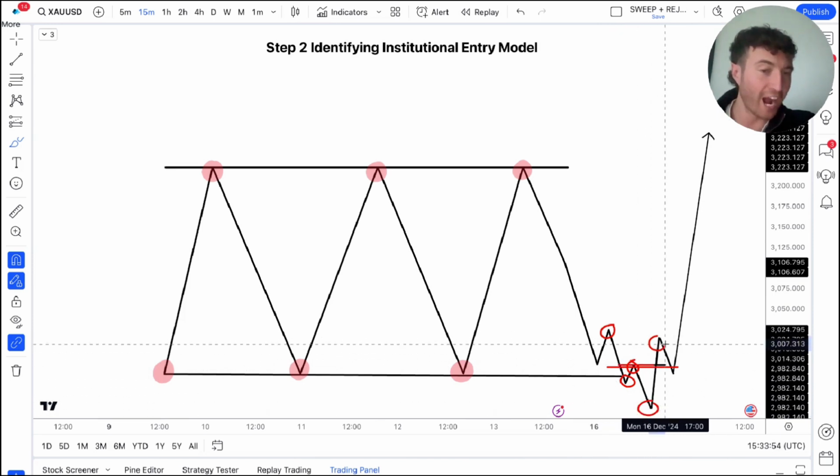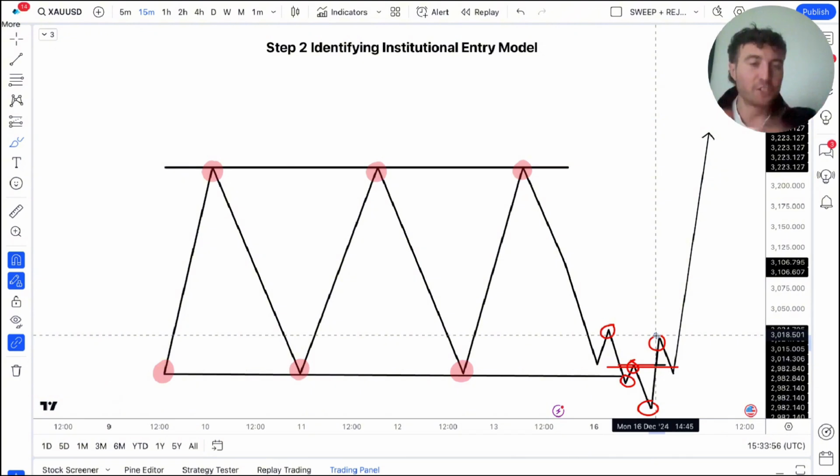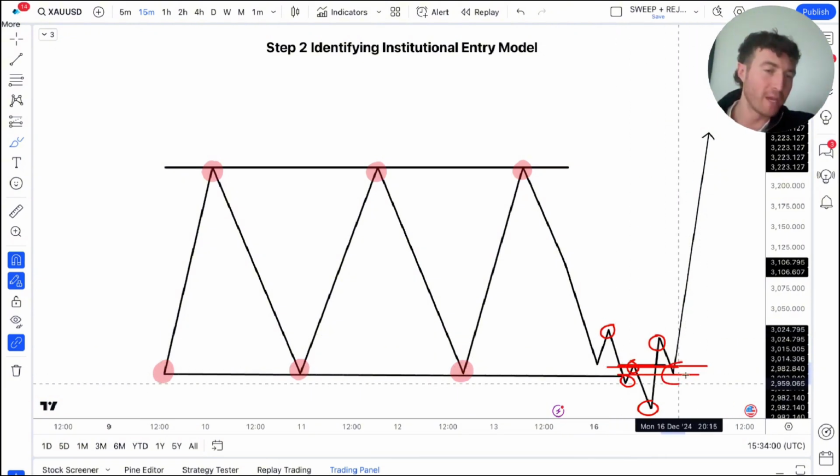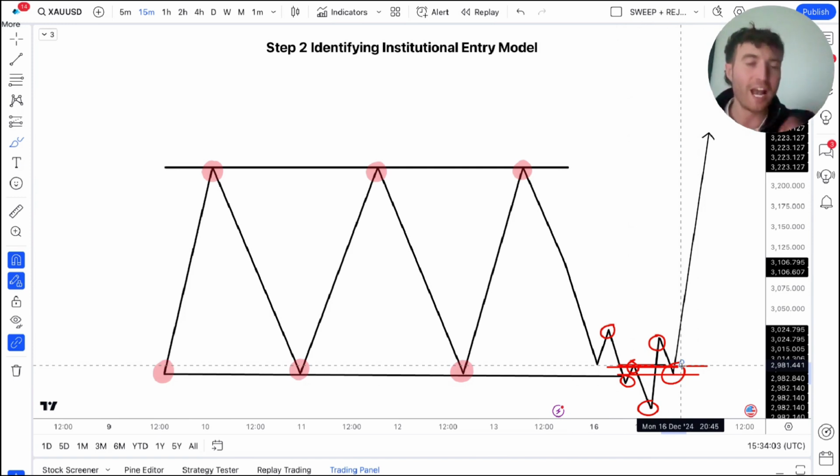We get a higher high here confirming the trend shift. Then we can look for a potential pullback on the lower time frame. You bid off this area, and then you look for that trend continuation play like so. So this is step number two, identifying our institutional entry model.